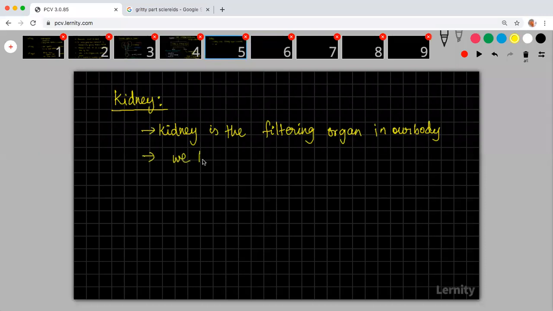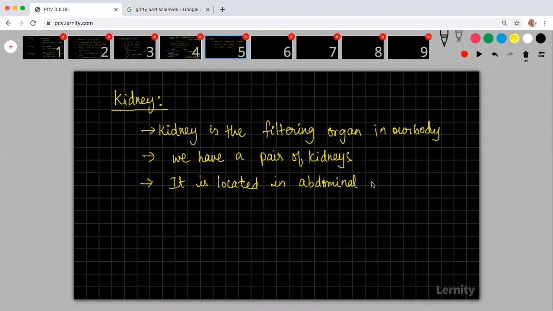We have a pair of kidneys. It is located in the abdominal cavity. Abdominal cavity means near the stomach and all. That opening is called the abdominal cavity.